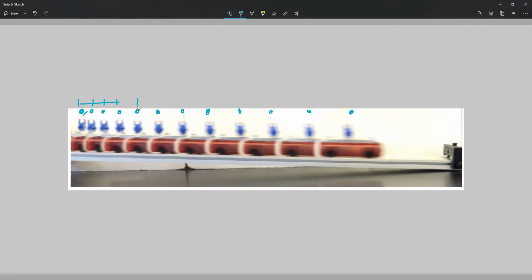If we take the distance between these objects right here, you know that the distance is increasing each time interval. Each time a picture is taken, you see that the distance increases. And so we can say that this object is speeding up, because the object keeps traveling a greater distance each second.